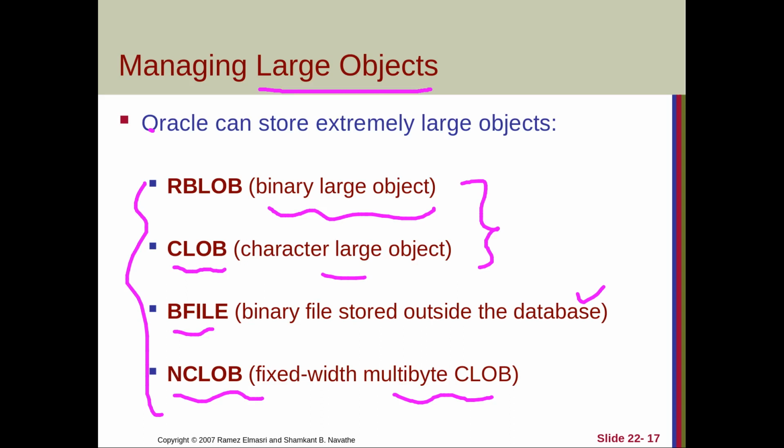Binary large objects or character large objects mean dealing with big documents or big images, etc. All these are possible with an Oracle database also. So two features added to Oracle beyond the traditional SQL3, that is V-array and managing large objects.